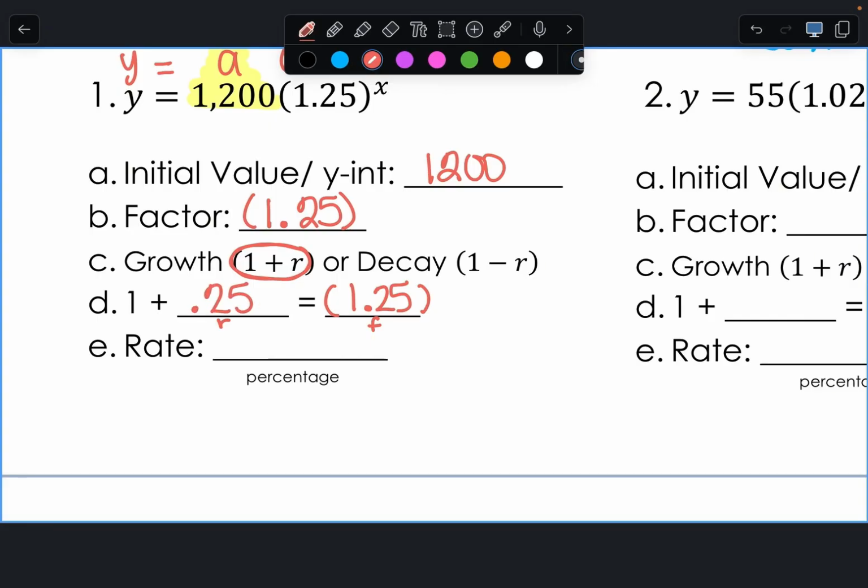The rate must be written in what form? It must be written as a percentage. So if I change 0.25 to a percent, which way do I move the decimal? To the right, twice. So it's 25%.